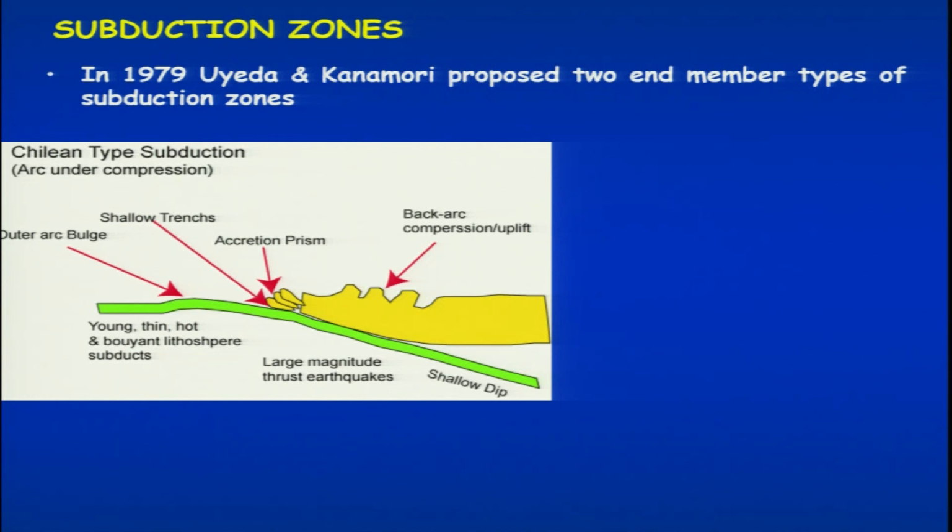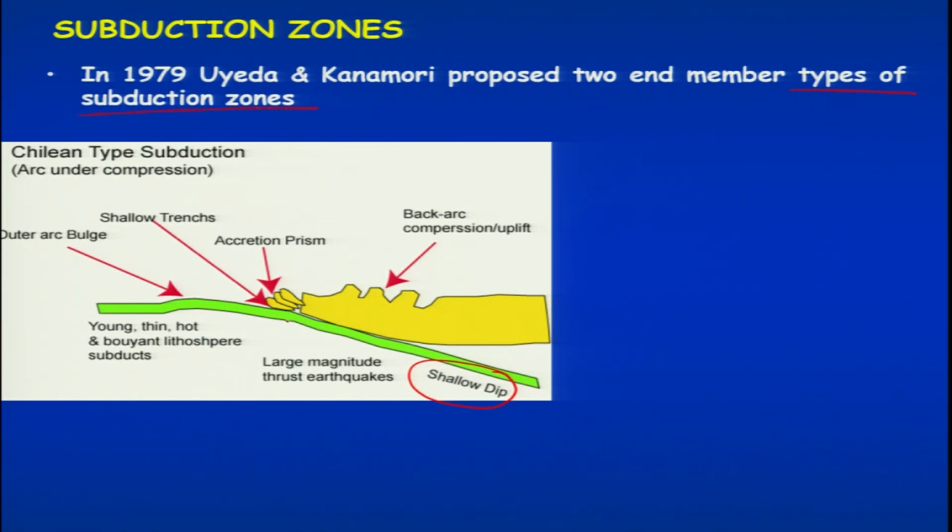Now in this, what has been shown here is that you have an older oceanic crust, with a shallow depth. There are a few important points which we should consider when we are classifying the types of subduction zones.